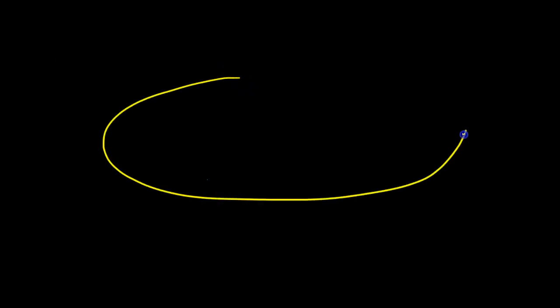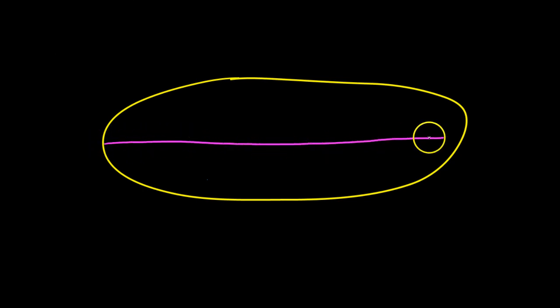Now remember, when you're dealing with an ellipse, if here's the major axis, and here's the center, so this distance all the way across is the major axis, but the distance from the center to the side, or a vertex, is called the A value.